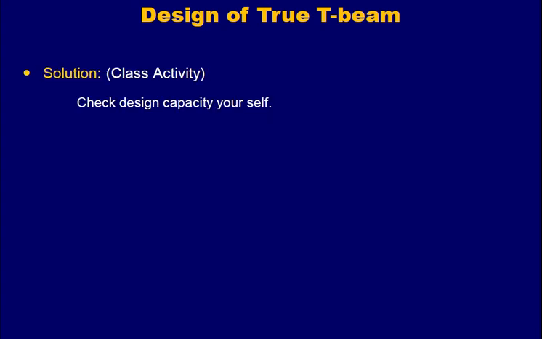Basically, it was designed as a class activity, but now you have to do it at home. For the area of steel that you have obtained, the 9 number 8 bars, check the design capacity yourself, that is, what the final design capacity is and whether it is greater than Mu or not.